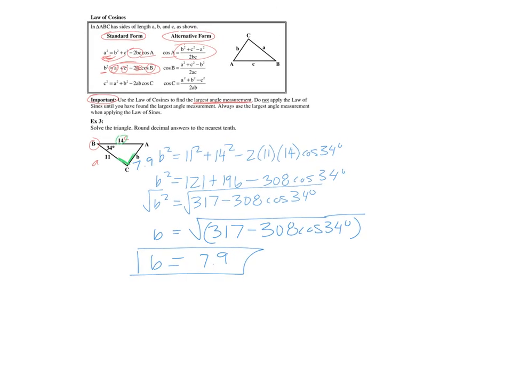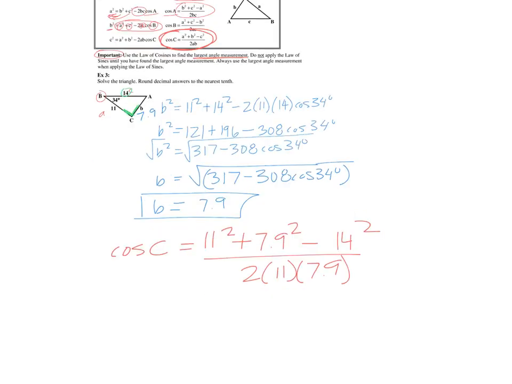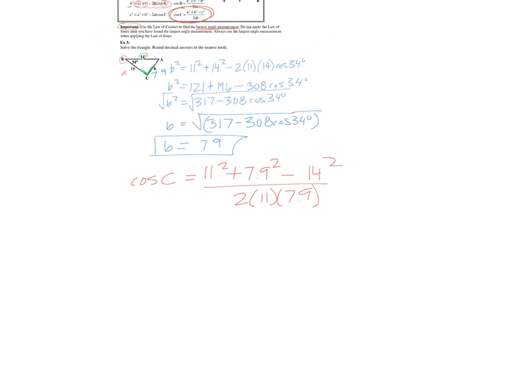So I'm going to use this formula for cosine of C, so I can isolate C. I have A, which is 11, and B, which I just figured out is 7.9, and then minus C, which is 14, all over 2 times AB, 11 times 7.9. Okay, so I'm going to figure out this portion on the right side.